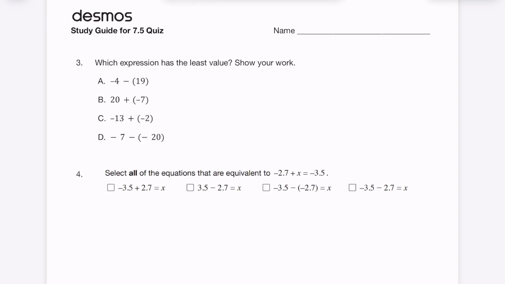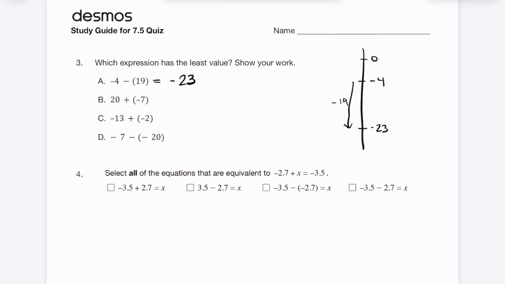So for negative 4 minus 19, that is equal to negative 23. On a number line, if this is 0, you start at negative 4, and then you're subtracting positive 19. You're going down 19.